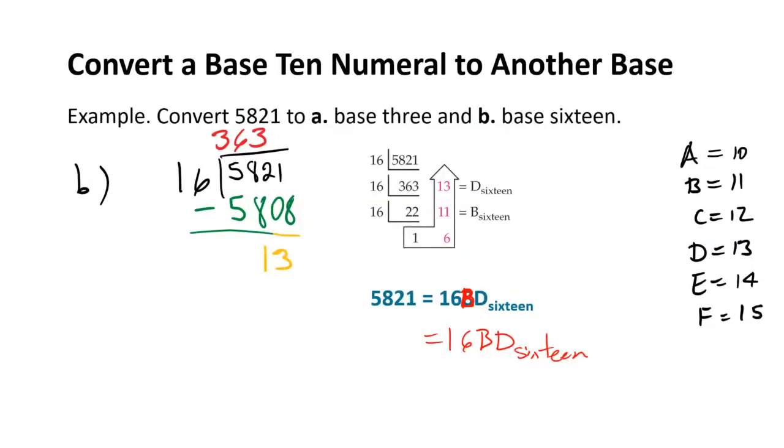You could put it into base 3, base 16, base 8, base 5, whatever. What you're gonna do is you're gonna do divisions by the base, and then the remainders are gonna give you the numerals, are gonna give you the symbols that you need to express the number in that base.